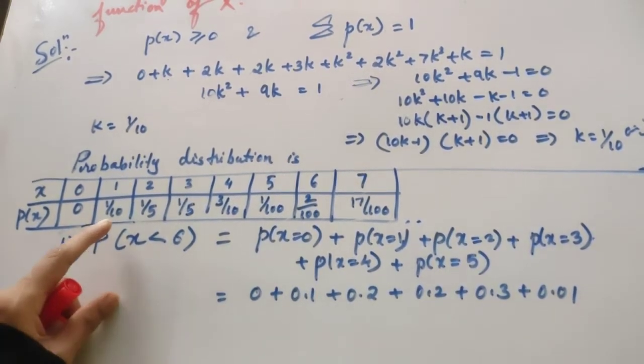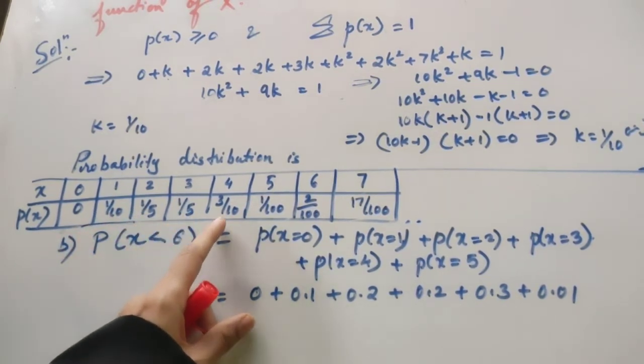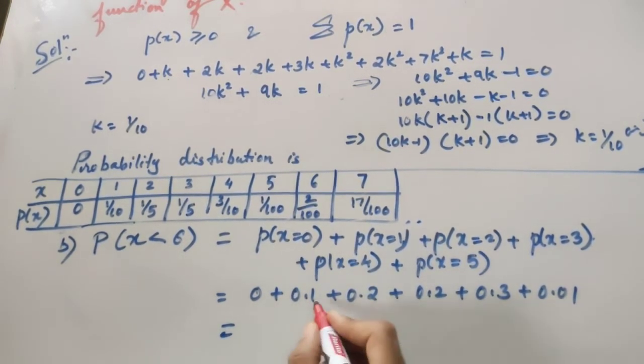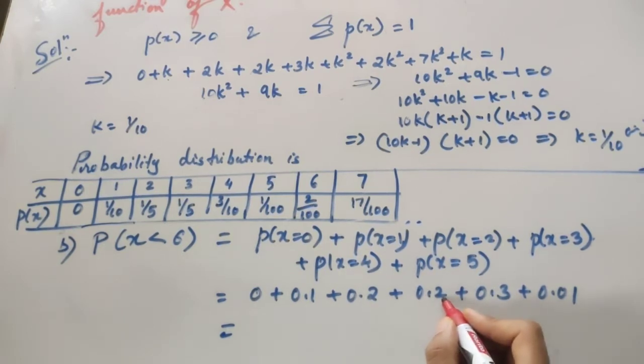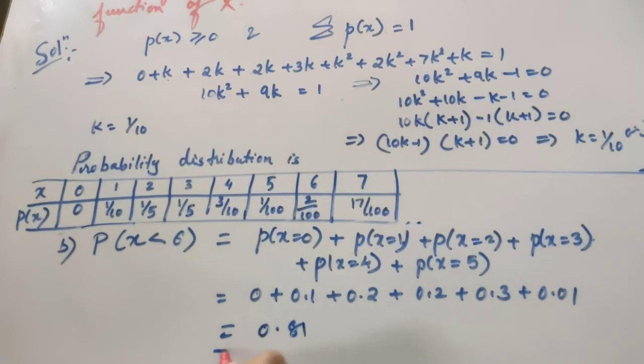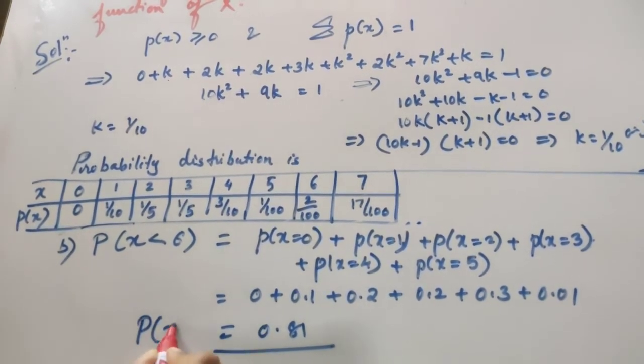I am not taking 1 by 10 as 1 by 10, I am taking it as 0.1. This becomes 0.2, this is 0.2, this is 0.3, 0.01. Add up all of these. What do you get? 0.3, 0.5, 0.8, 0.81. So the probability of x less than 6 is 0.81.